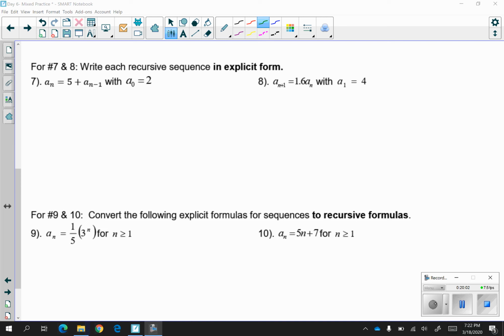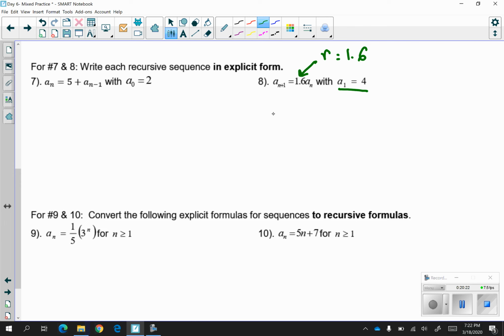So for number 8, they want you to go from recursive to explicit. This is telling us two pieces of information. We have our a sub 1 already, and this is telling me that my common ratio is 1.6 because the pattern is multiply by 1.6.